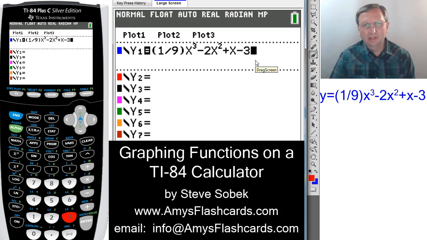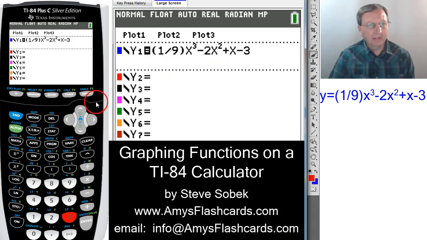Go ahead and type in the function as you see it here. Recall that the cube, to cube x, I obtained that from the math menu, although I certainly could have used the caret over here for exponentiation, either one. And restart the video when you've caught up typing that in.